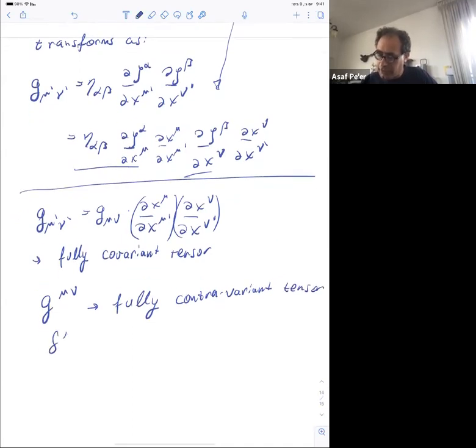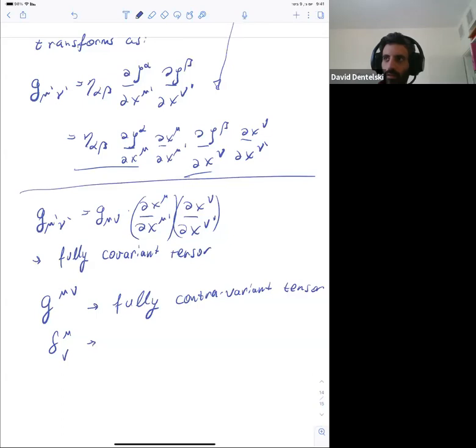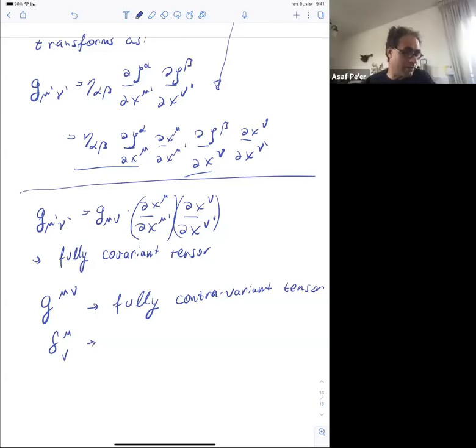What about the Kronecker delta? How do you call this one? It's a (1,1) tensor, that's right. It's called a mixed tensor.